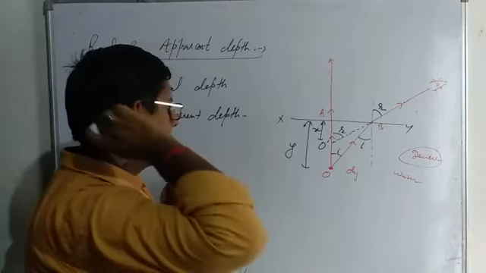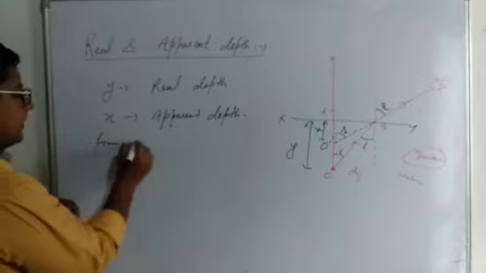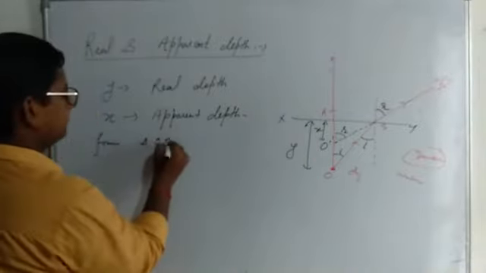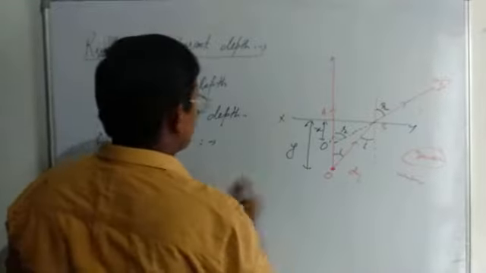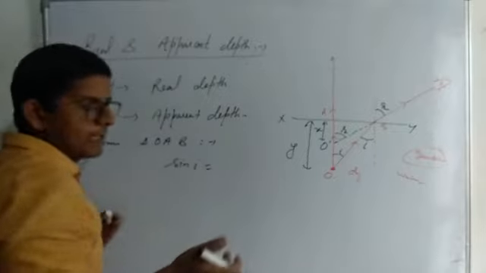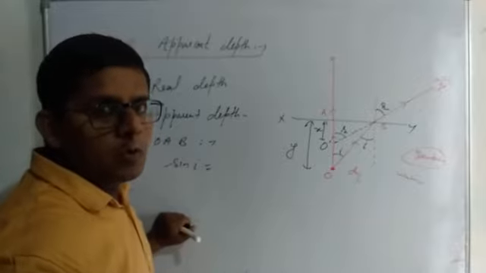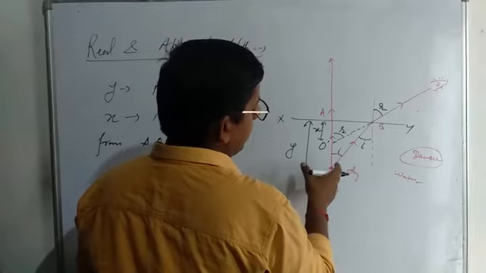So we have two triangles. From the first triangle, triangle OAB, sine of I is equal to, what is sine? Sine means perpendicular over hypotenuse. What is the perpendicular here?